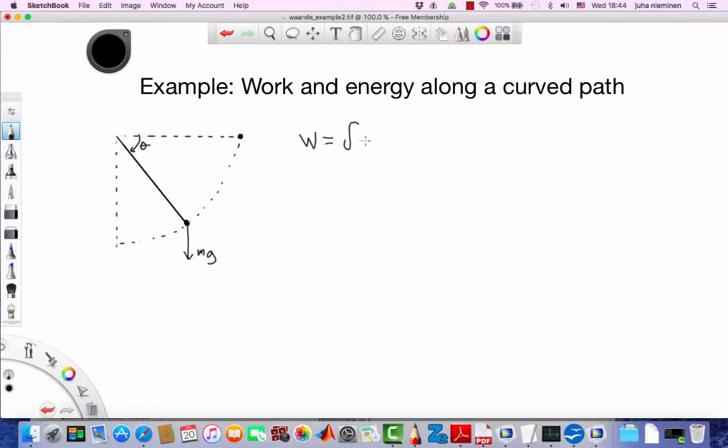So we start with the formal definition, the integral of F dot ds. And we have to evaluate this integral at every single point on this path. So mg is in fact the force F, if you will, like this.